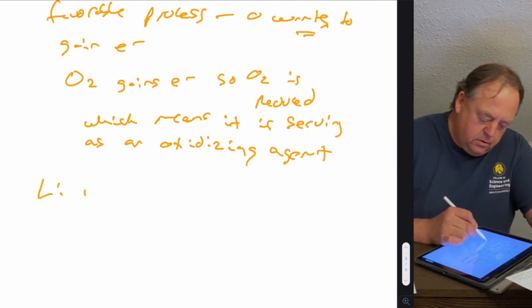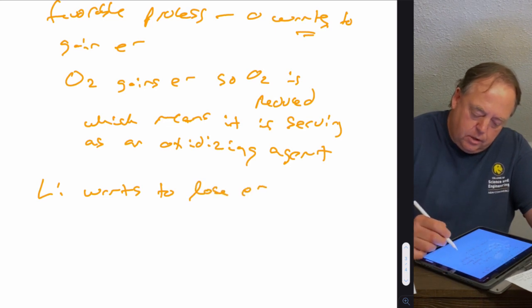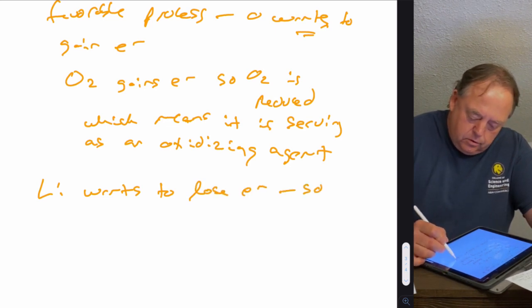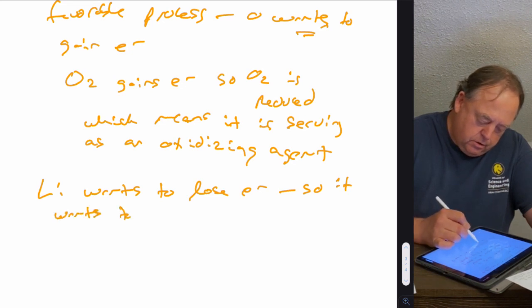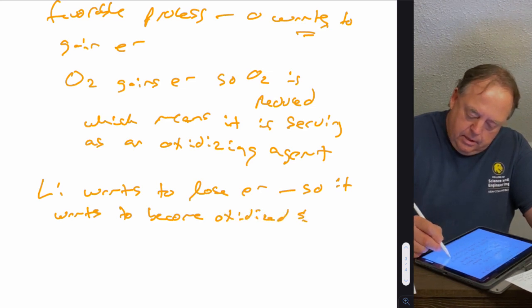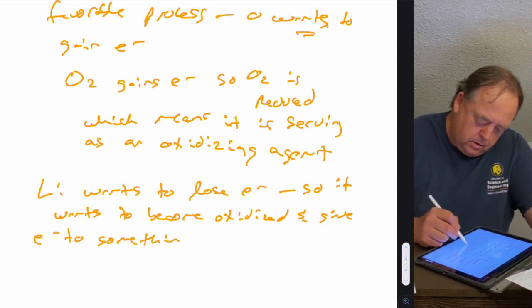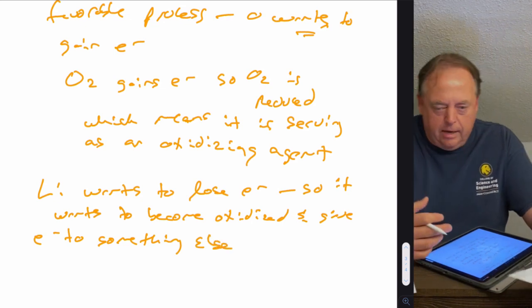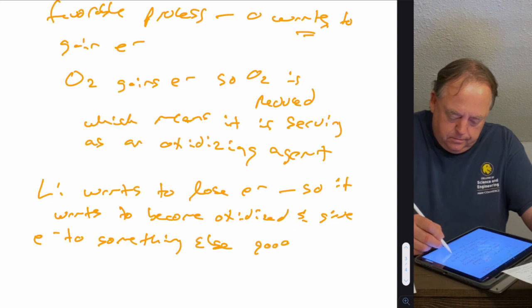Lithium, however, wants to lose electrons, so it wants to become oxidized and give electrons to something else. So it wants to cause something else to be reduced, so it's a good reducing agent.